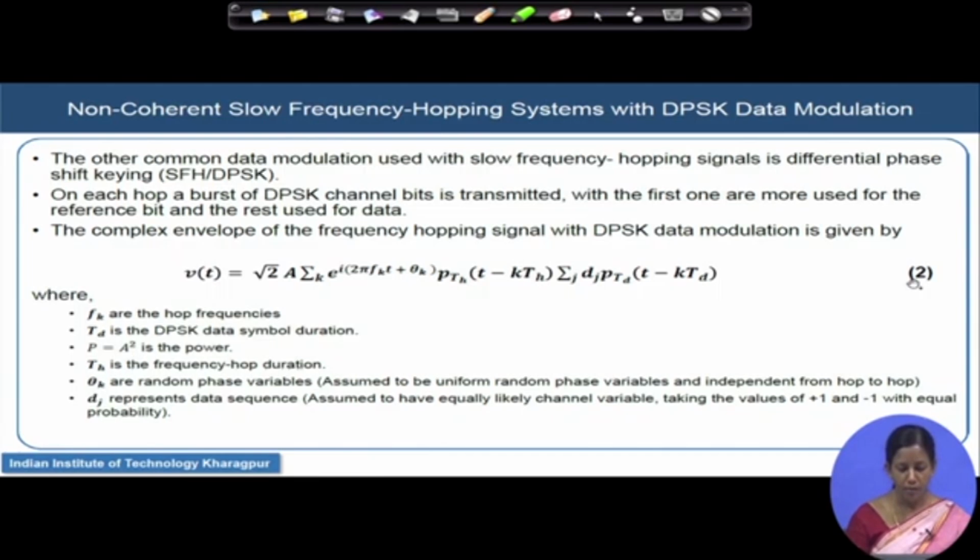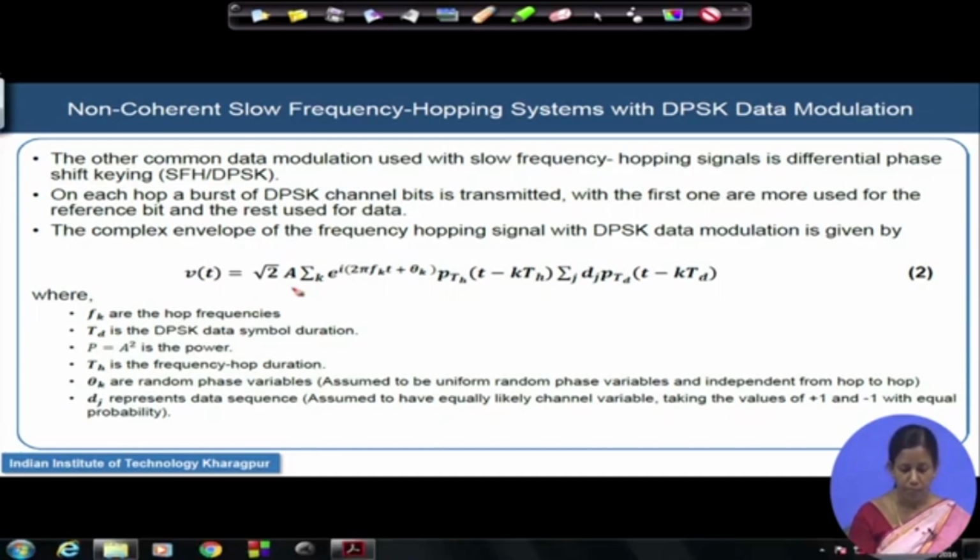If we look into the non-coherent slow frequency hopping system, the typical mathematical equations are as follows. A is the amplitude of the signal that you are transmitting, hence the power will be A squared. F_k is the hopping frequency that you are transmitting. If we consider the DPSK data modulation scheme, then T_d is the duration of that data symbol.